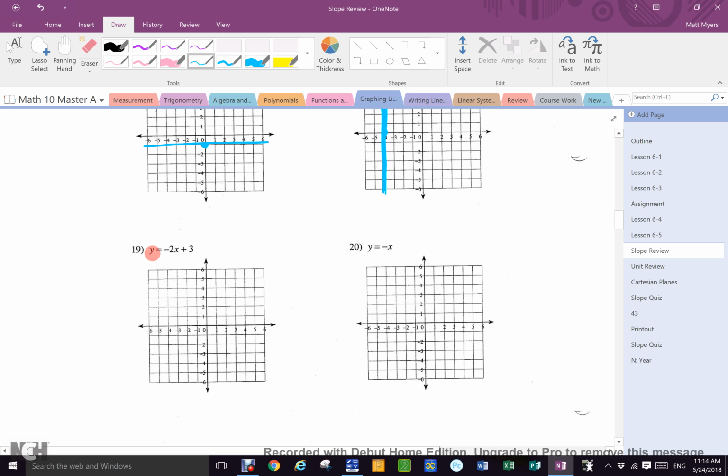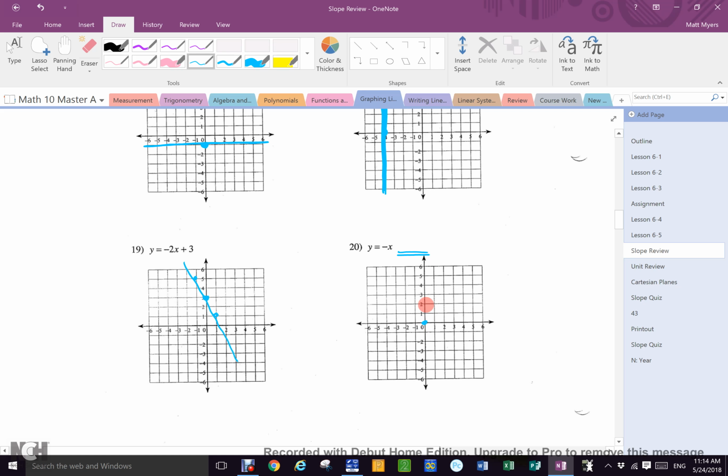Is that slope-intercept form? Yep. So you go to 3, put your first dot, because 3 is the y-intercept, and your slope is -2. So that's up 2, left 1, down 2, right 1. That's your line. That is in slope-intercept form as well, but there is no b. What number is nothing? 0.